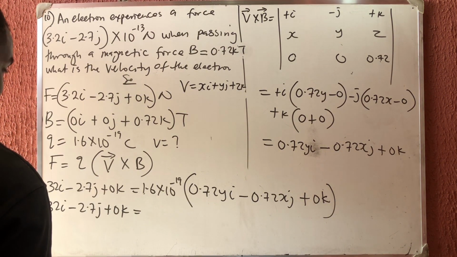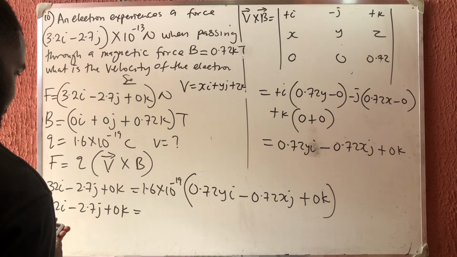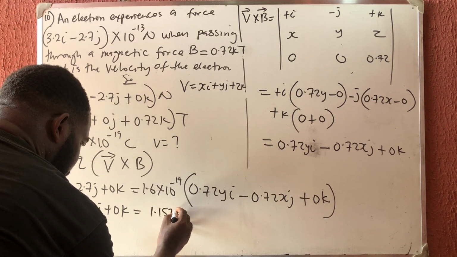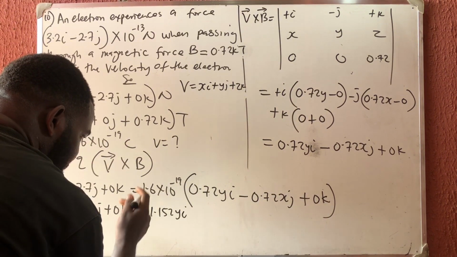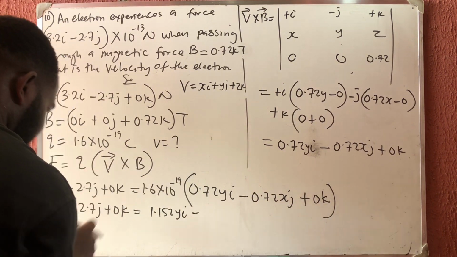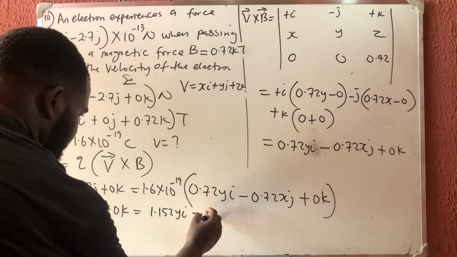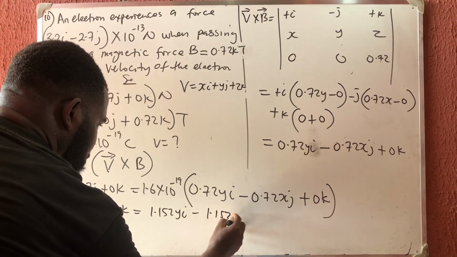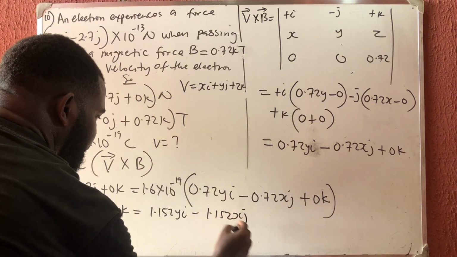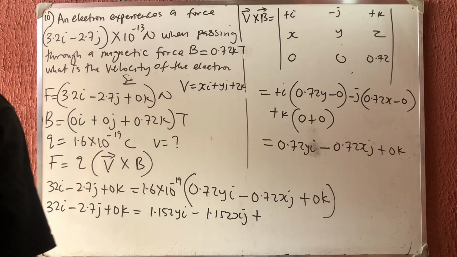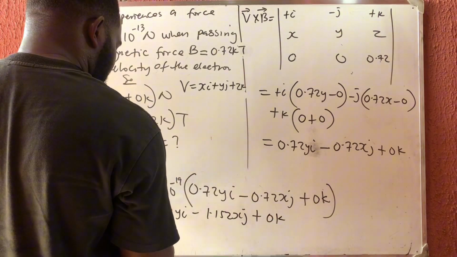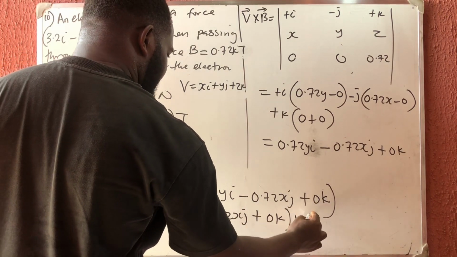So 1.6 times 0.72, I'm having 1.152yi, okay, minus 1.152xj, then plus 0k. Okay, everybody is being multiplied by 10 raised to power minus 19.